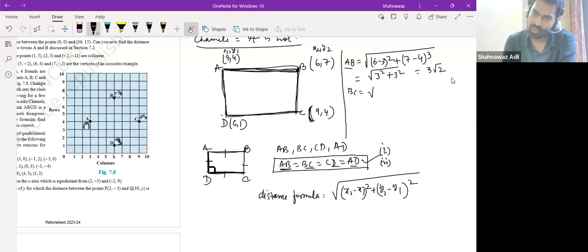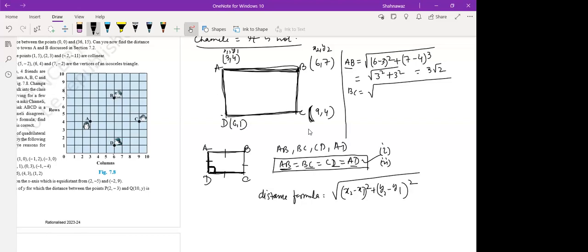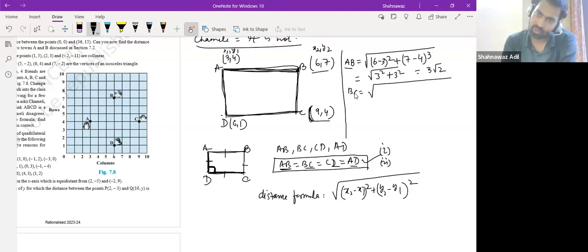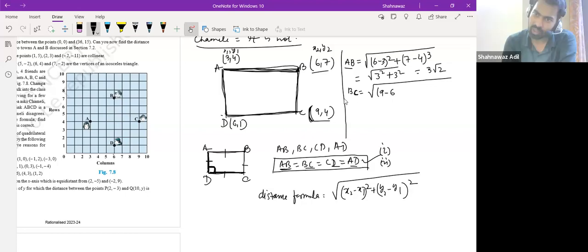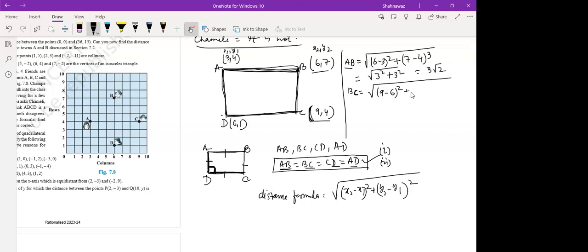And what about BC? So this was your homework, guys. Again, what is x2? What is x1? Amar? So, BC. 9 minus 6 whole square, and 4 minus 7 whole square.